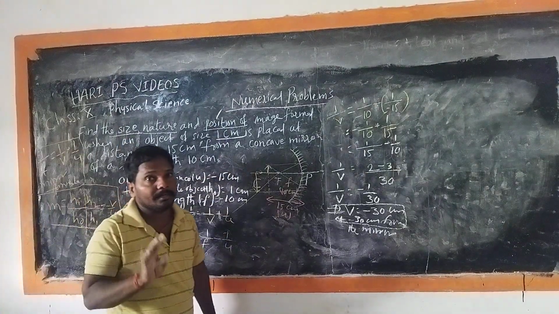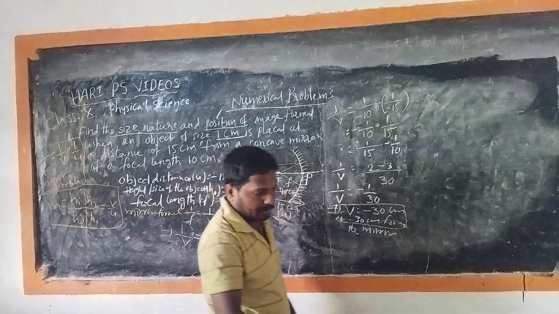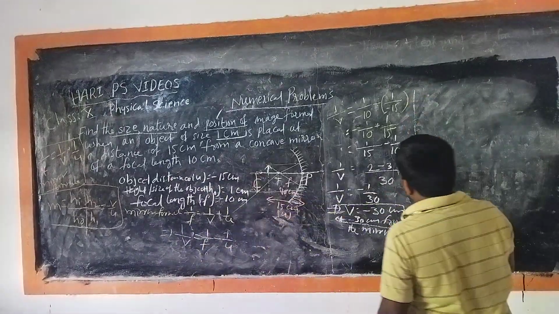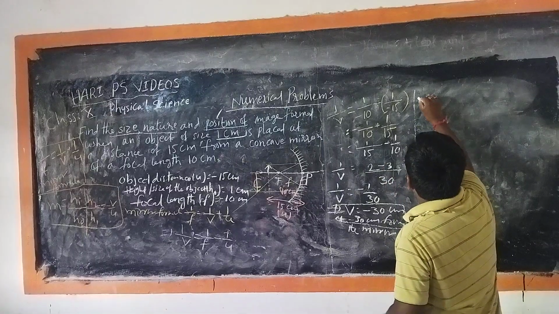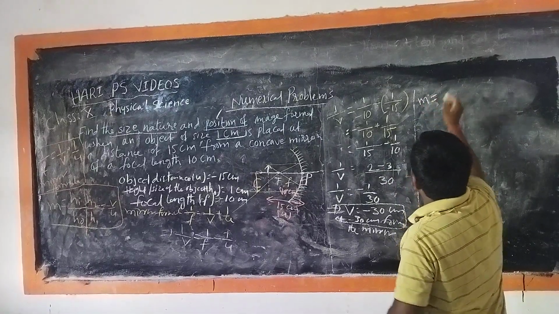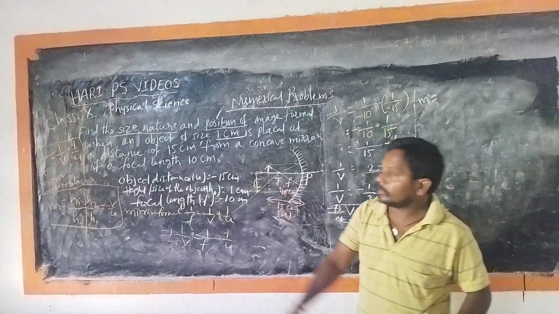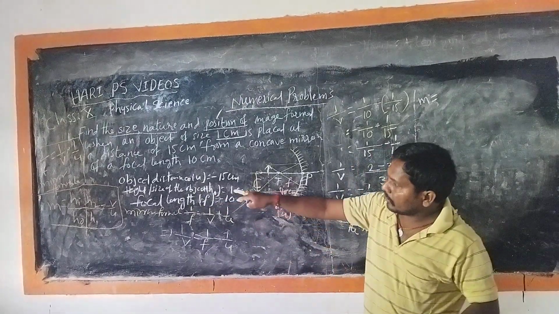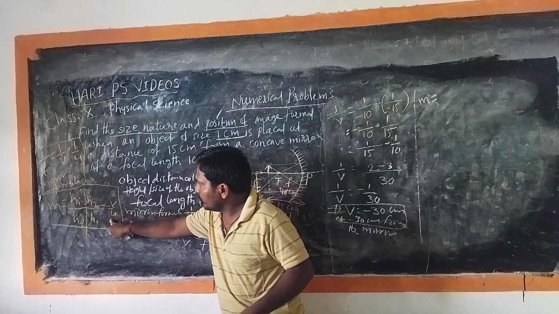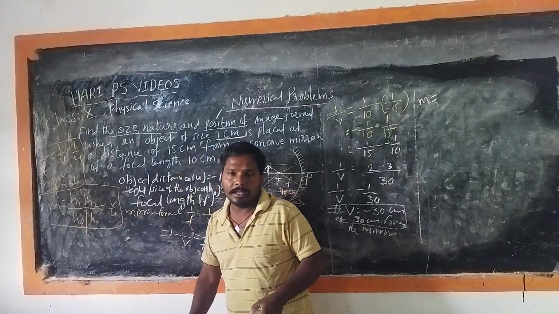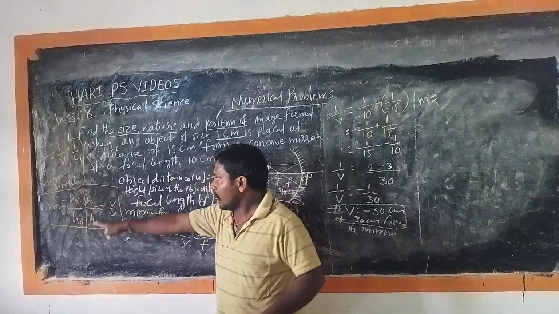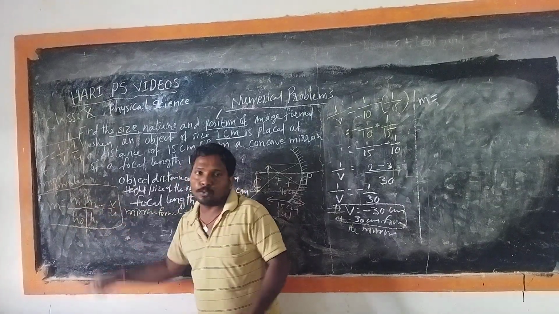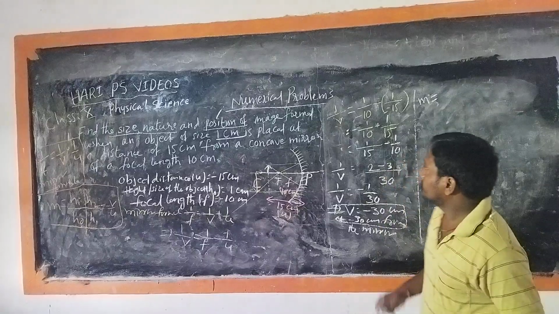Then what do we have to find? The size, which is nothing but the magnification. There are two formulas: minus v by u, and h_i by h_o. Here we have only the height of the object, so we use minus v by u.